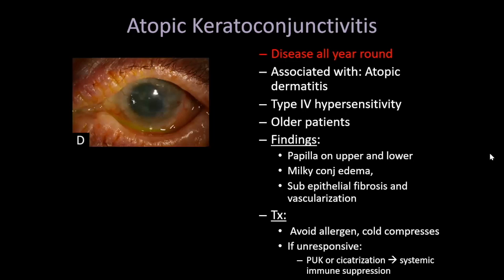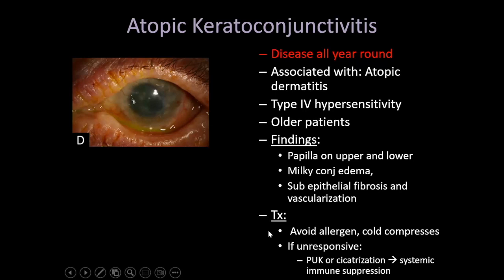So this picture shows an eye that has atopic keratoconjunctivitis. You can see the peripheral cornea is highly vascularized. It has some amount of opacification, and you can see the edema of the limbal conjunctiva.